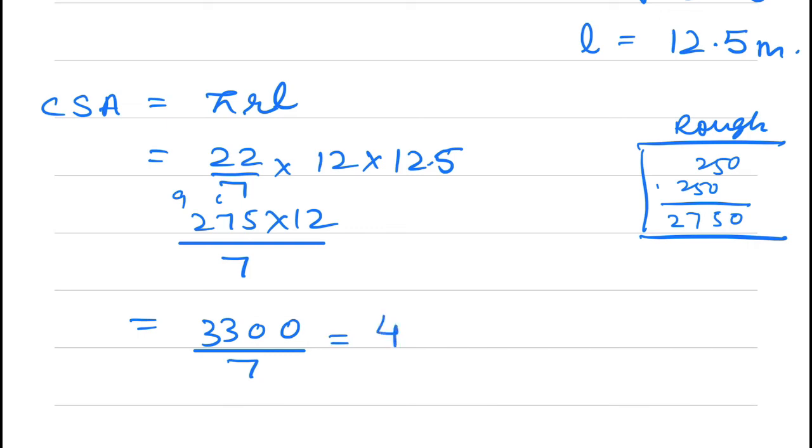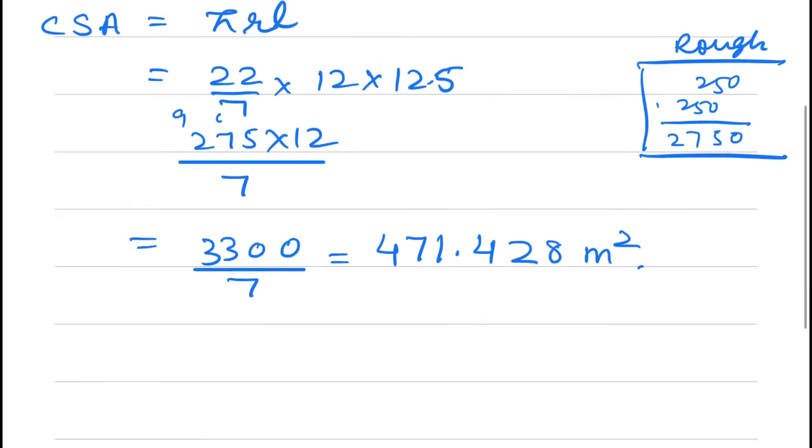So 7 4 times 28, 50, 7 7 are 49, 10, 7 1 7, 30, 7 4s are 28 and 20. So again 7 2s are 14, 60 and 7 8s are 56. So let's find out up to 3 decimal places, meter square.